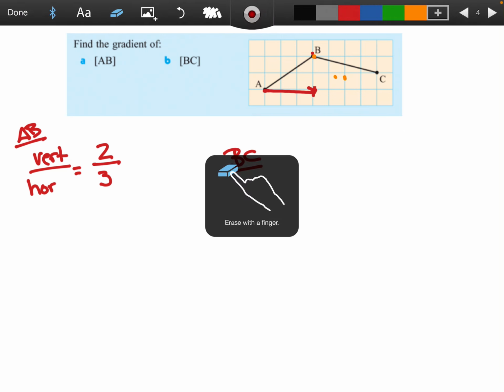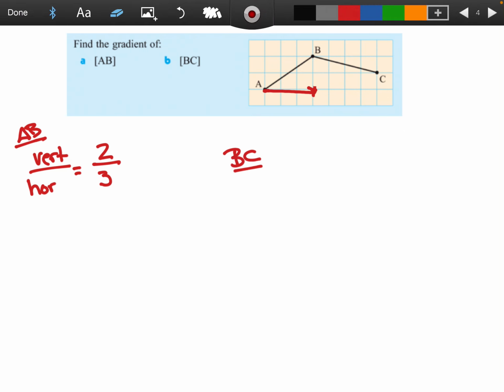Perfect. Okay, so let's erase these little marks. So we are going from B down to where C is. So we're going vertically down, or I guess you could do either way, and then we're going horizontally that way. So my vertical step is -1.